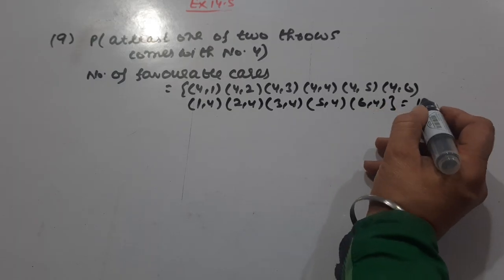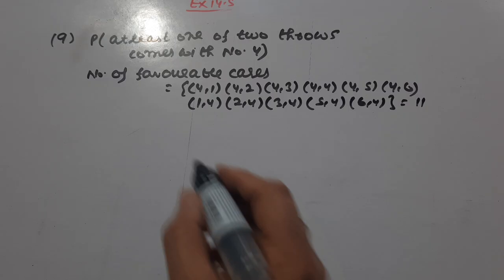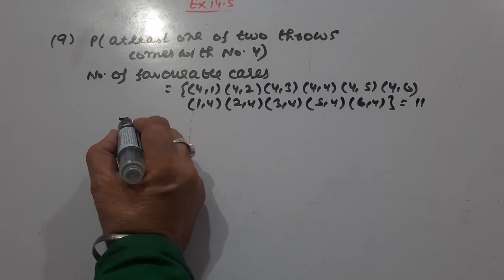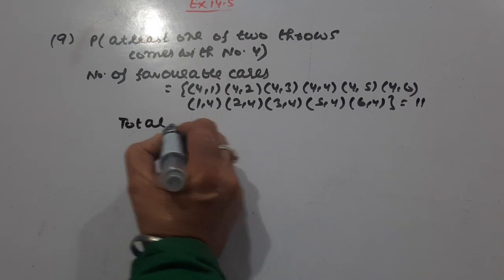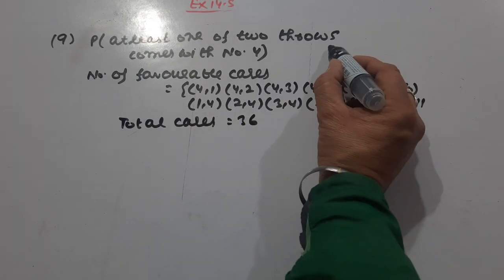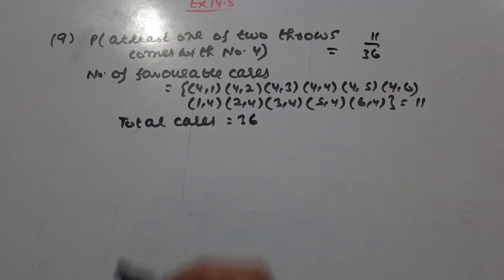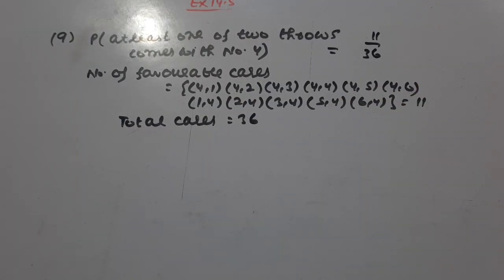So these are 11. So number of favorable cases are 11, and total cases will be 36. So required probability is equal to 11 upon 36. So probability that at least one of two throws comes up with number 4 is equal to 11 upon 36.